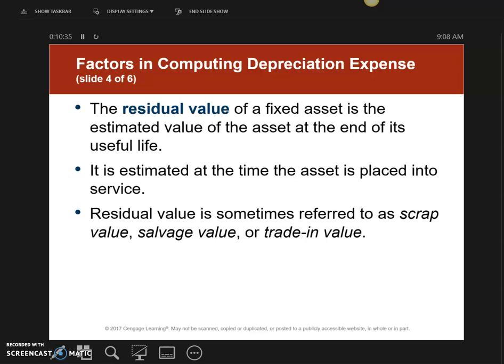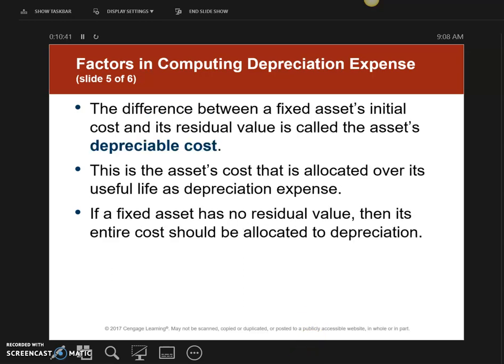So all we need to understand is what is the value of it at the end of its useful life. And so we're going to find the difference between the cost and the residual value, and I'm going to explain the formula pretty soon. So that's called the depreciable cost. The cost minus residual value is called the depreciable cost.